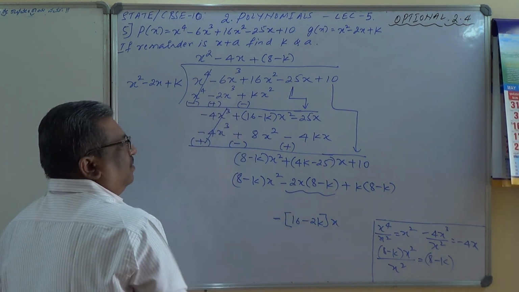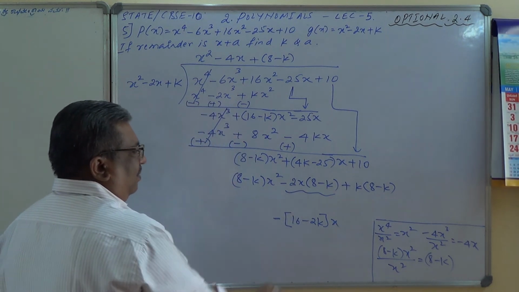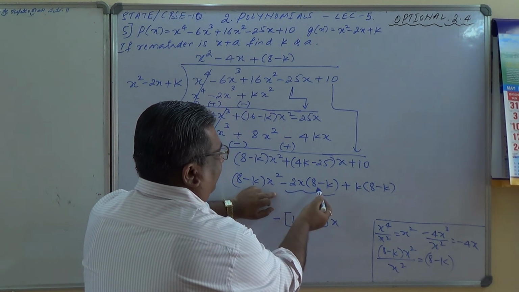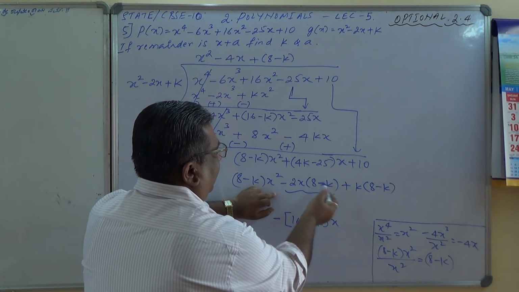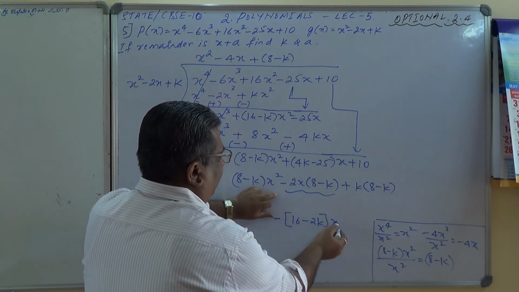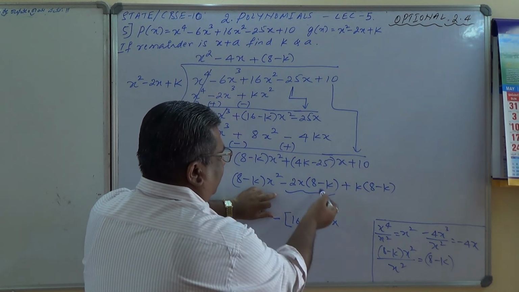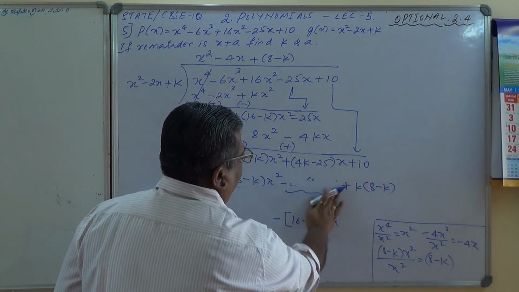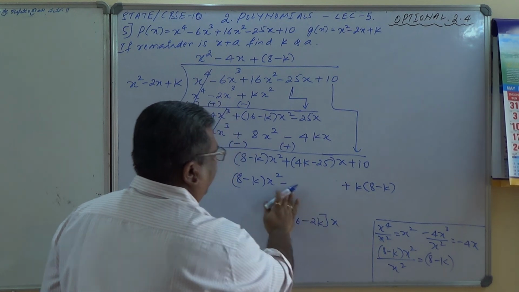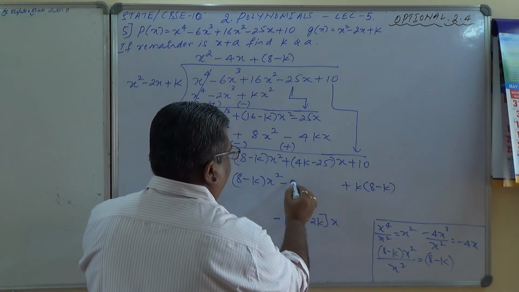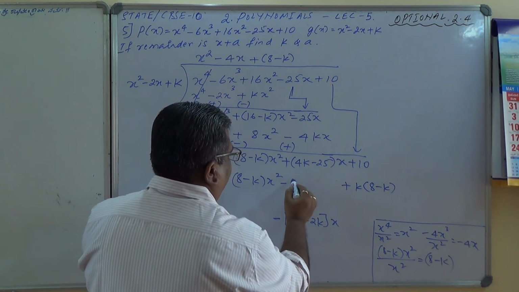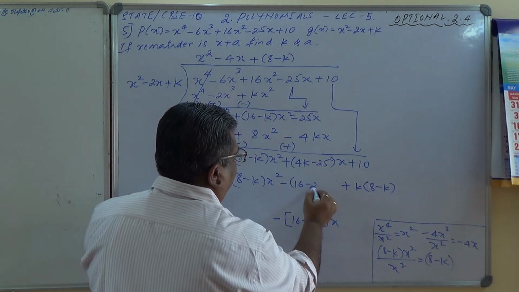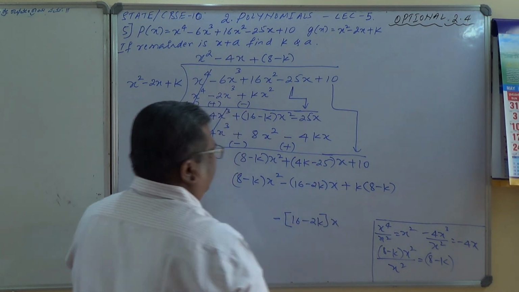Minus remains as it is outside, only 2 I am taking, 16 and 2k. Minus remains outside with x as a coefficient. So I'll write this as 16 minus 2k times x.